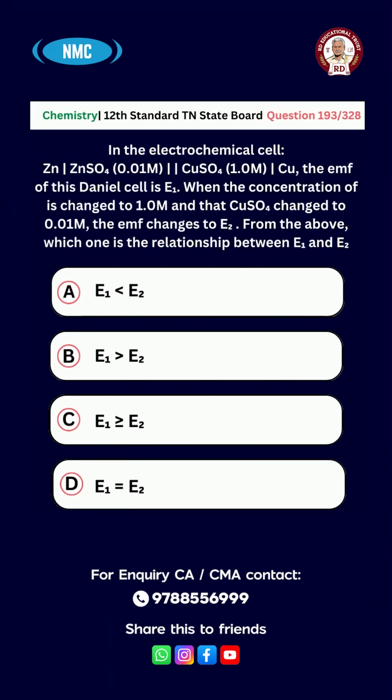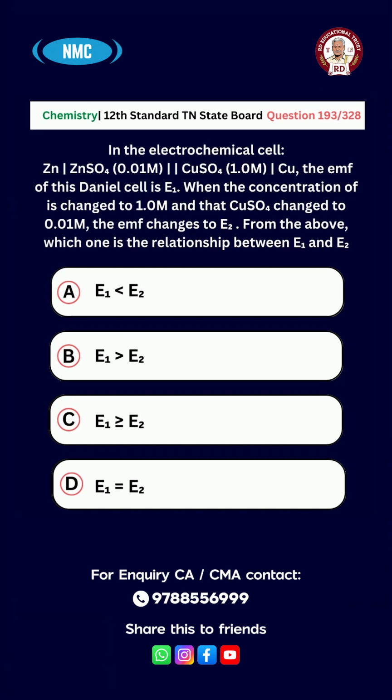Question number 193. In the electrochemical cell Zn | ZnSO4 (0.01 M) || CuSO4 (1.0 M) | Cu, the EMF of this Daniell cell is E1. When the concentration of ZnSO4 is changed to 1.0 M and that of CuSO4 to 0.01 M, the EMF changes to E2.